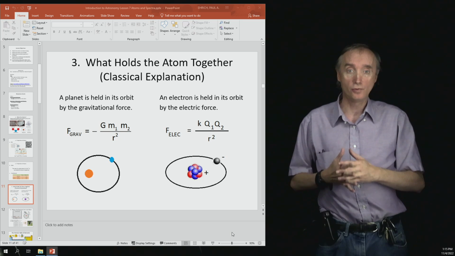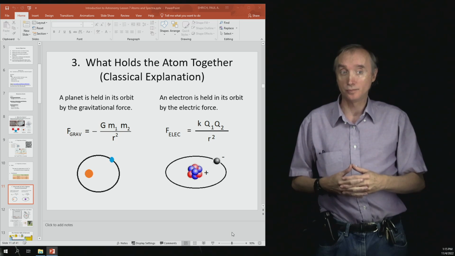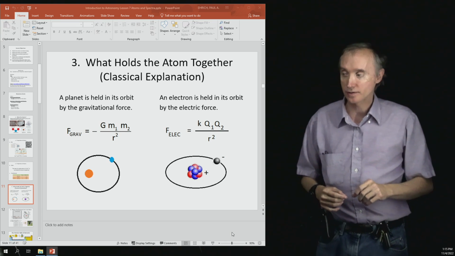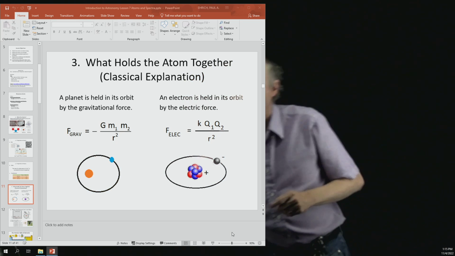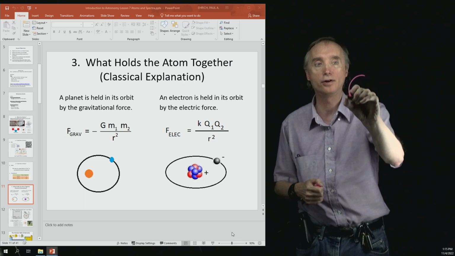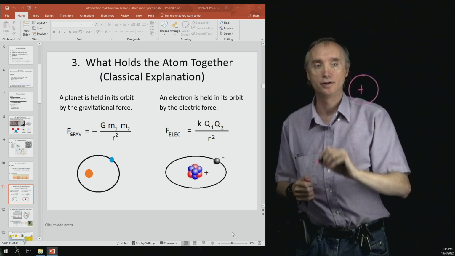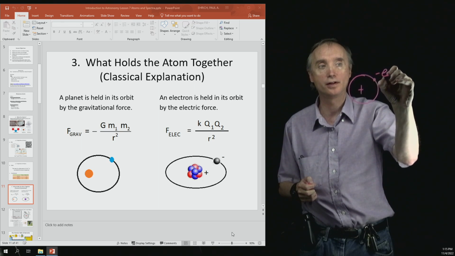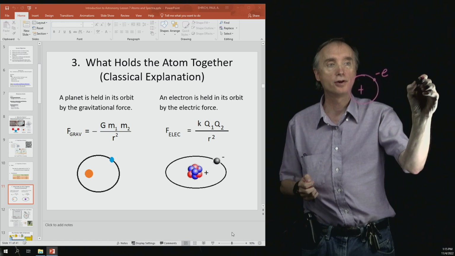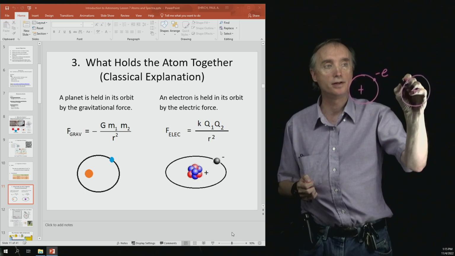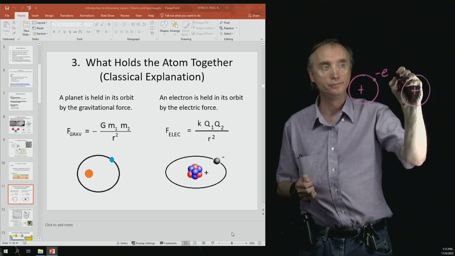Okay, so that's the force that's going to hold the atom together, but it also holds atoms together. Let me just show you this before we go to our next segment. Imagine that you've got an atom here that has a positive nucleus, and over here is its negative electron, and over here you've got another atom that has a positive nucleus and its electron.